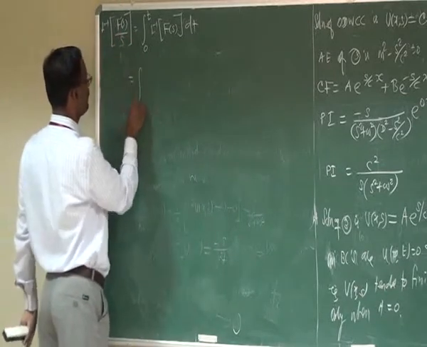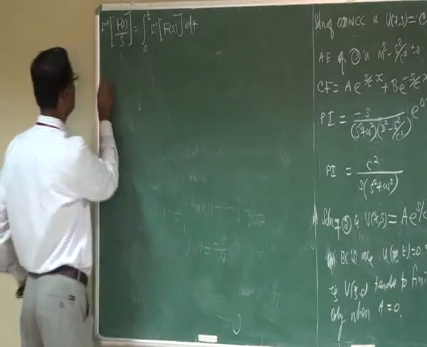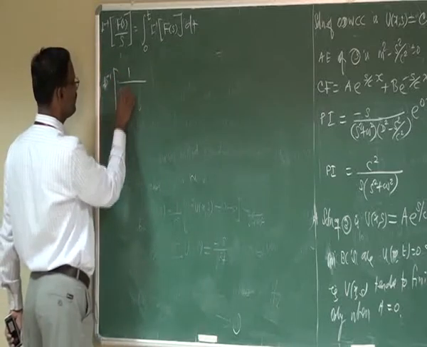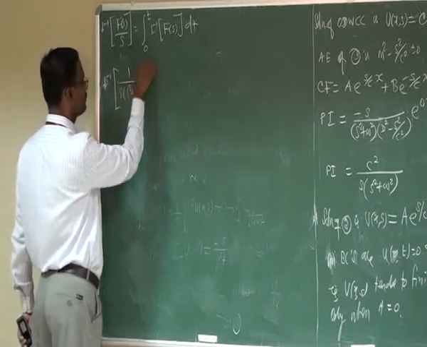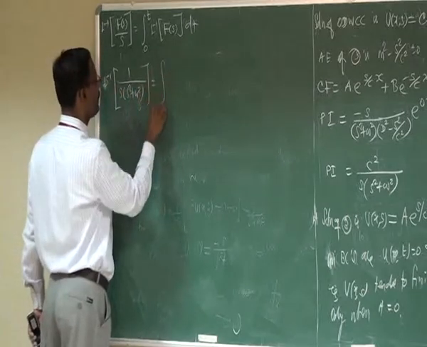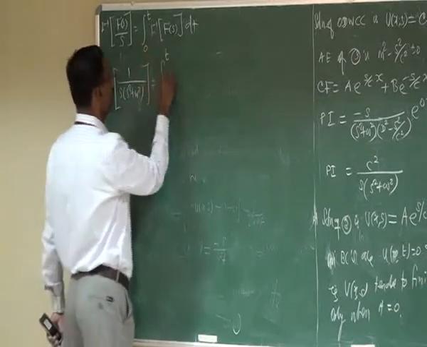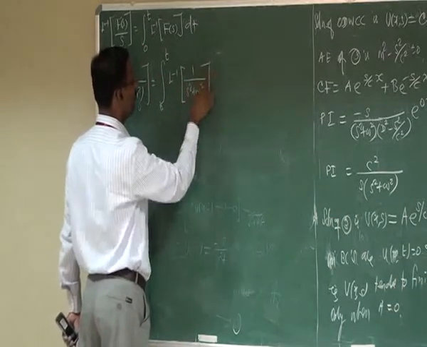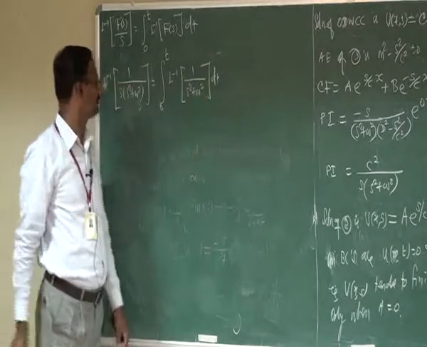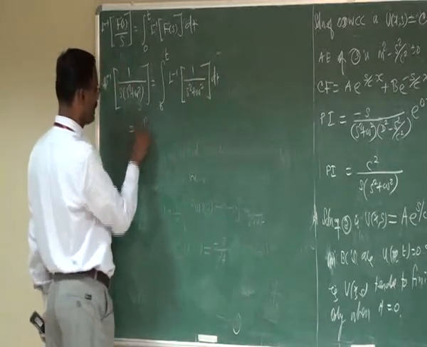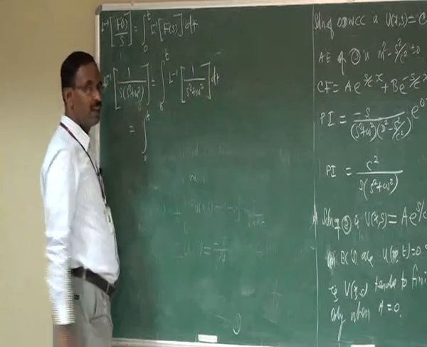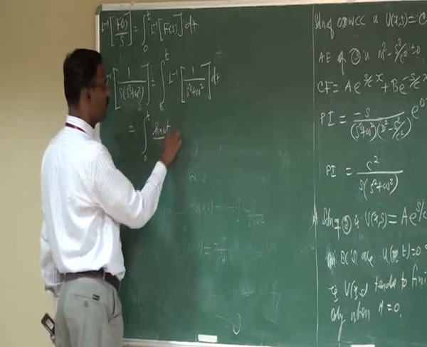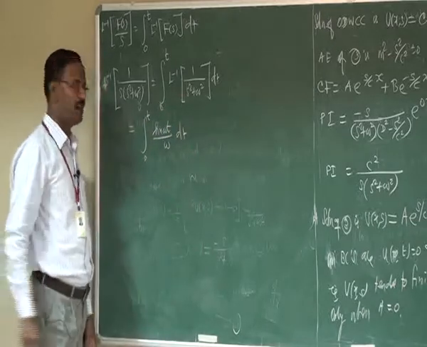So L inverse of 1 by s into s square plus omega square is equal to the integral from 0 to t of L inverse of 1 by s square plus omega square dt. So it is equal to the integral from 0 to t of sin omega t by omega dt.